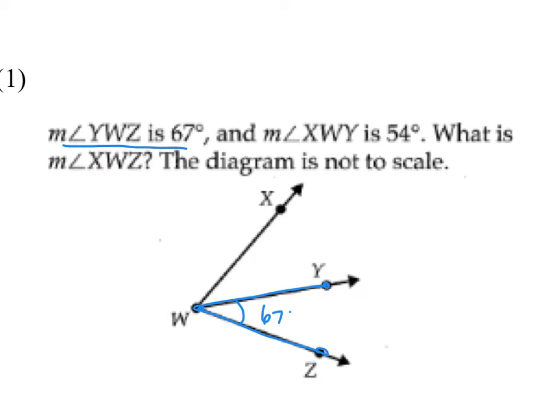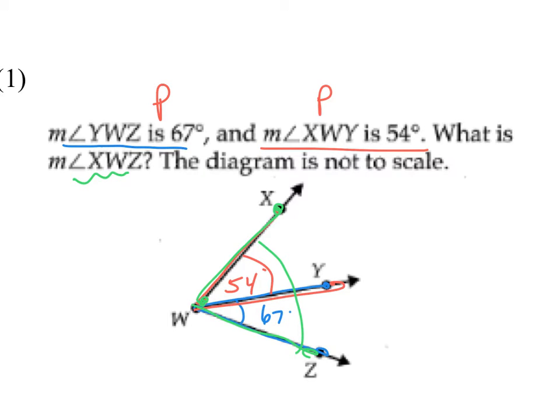I now know that the measure of angle XWY is 54 degrees. So I start at X, go to W, end at Y. So I have two parts, and I want to find the value of angle XWZ. So I start at X, go to W, and end at Z. So I want to know my whole angle.